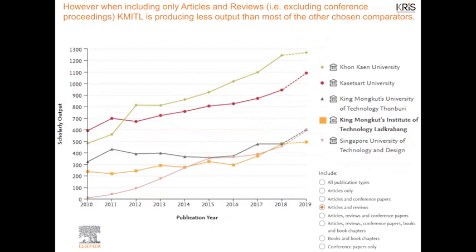When we look only at articles and reviews, excluding conference proceedings, we see that KMITL is producing a little bit less than some of the others. So the difference between Khon Kaen, Kasetsart, and KMITL is bigger. This may be because as a university focused a lot on engineering and computer science, you may publish a lot in conference proceedings, but I think Kasetsart is also quite active in engineering, although they might do more in agriculture.